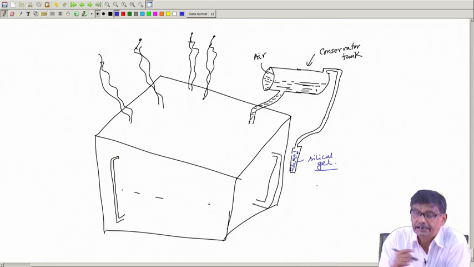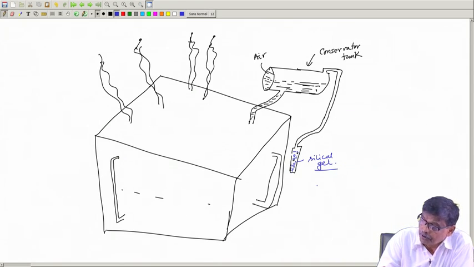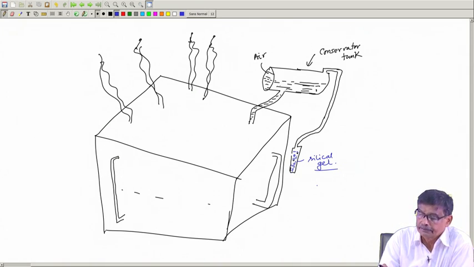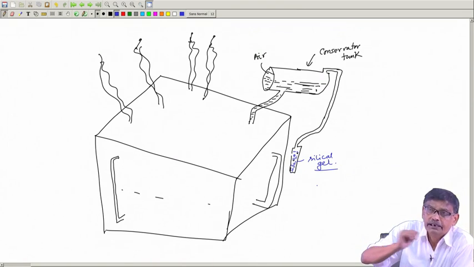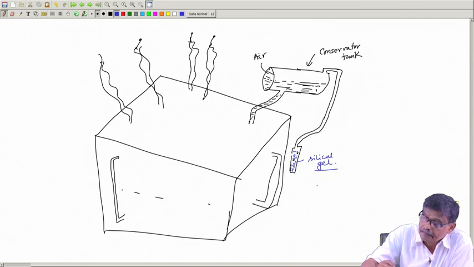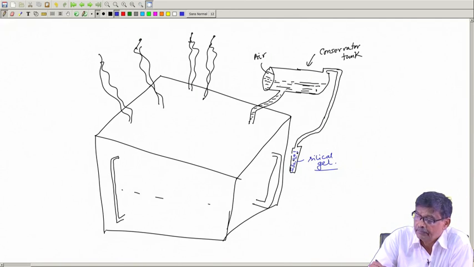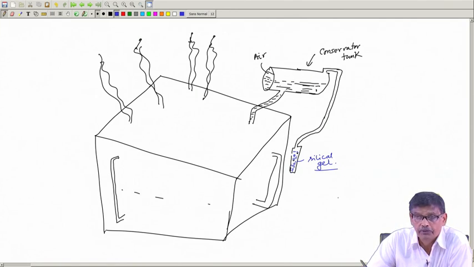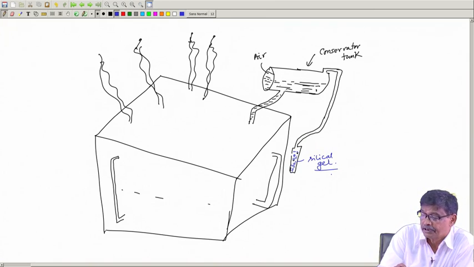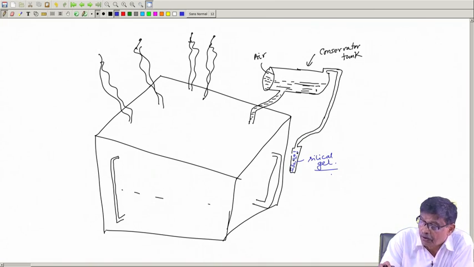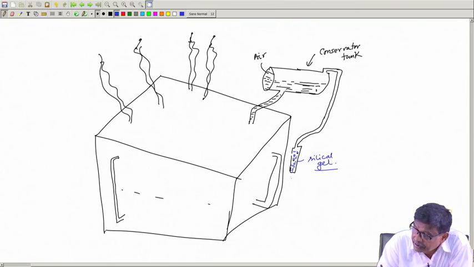Now, why is this silica gel put? Suppose you have not put silica gel, it is just like this. Then what will happen? As degree of loading changes, the air will be pushed out. Suppose you are increasing load, level of oil will increase, air will come out, and when the transformer is operating at a very light load condition, oil will drop, air will be sucked in, is it not?